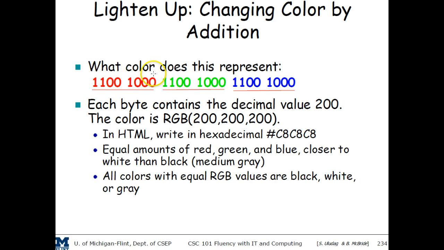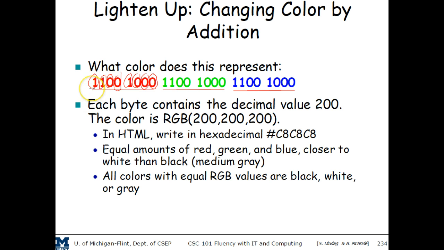And again, if you remember, this is the ones place, the 2, the 4, the 8, 16, 32, 64, and 128.